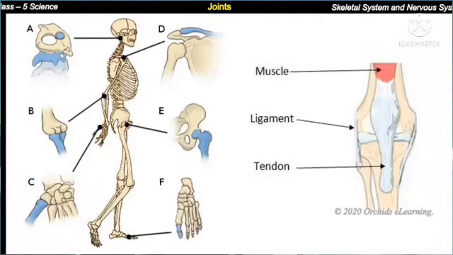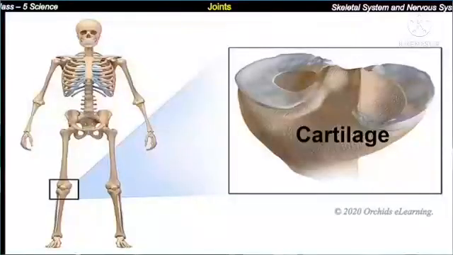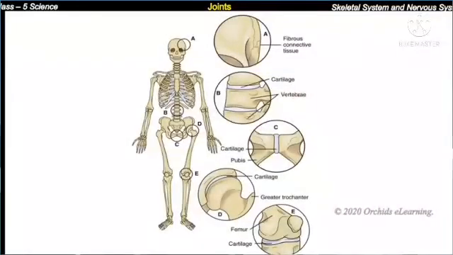Joints. A joint is a place where two or more bones meet. Bones are held together at the joint by special tissues called ligaments. A tough, elastic tissue called cartilage is also present on the surface of bones, at the joints. Most joints are movable.